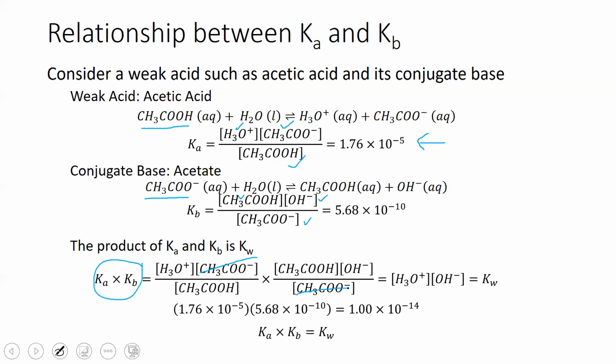Ka has acetic acid in the denominator, whereas Kb has acetic acid in the numerator, so those would cancel out too. You're left with Ka times Kb equals the hydronium times the hydroxide ion concentration. Oh, that's convenient. That's Kw.